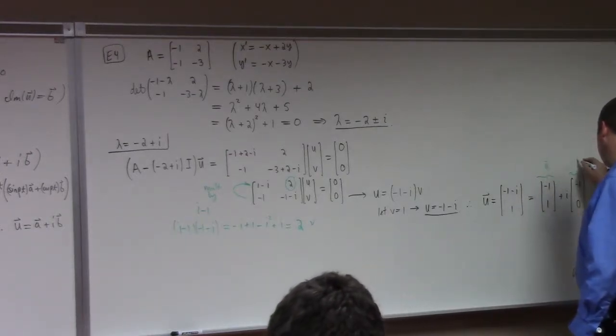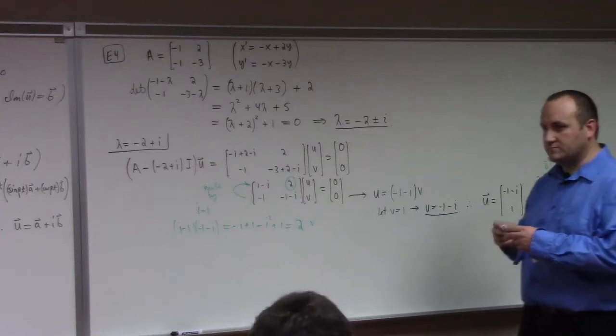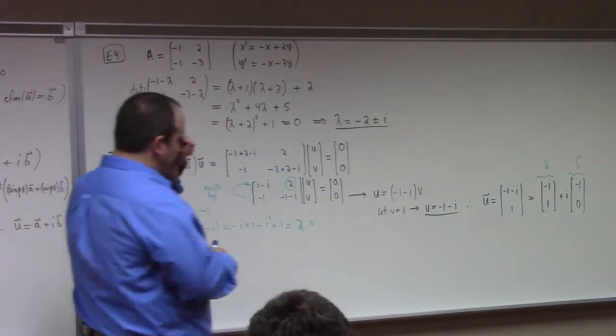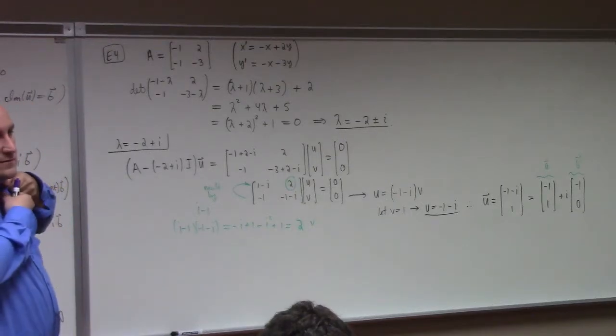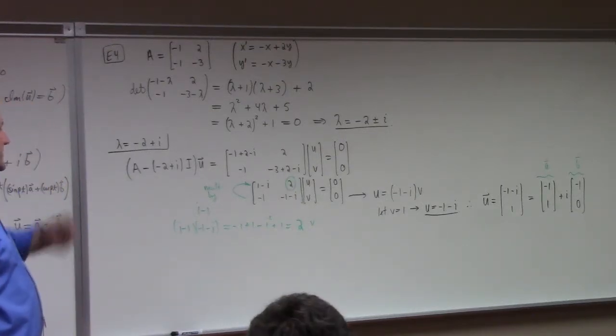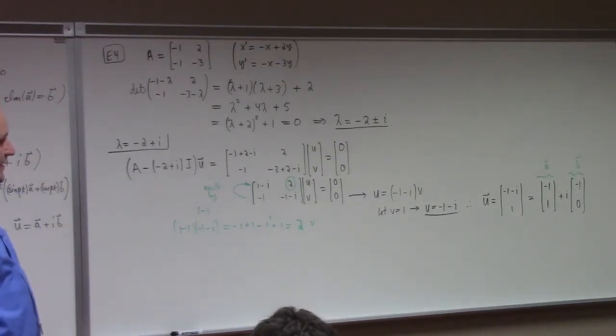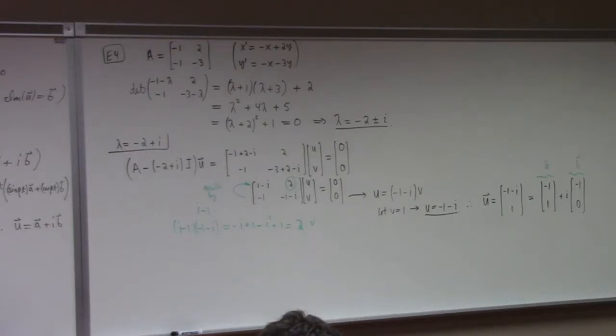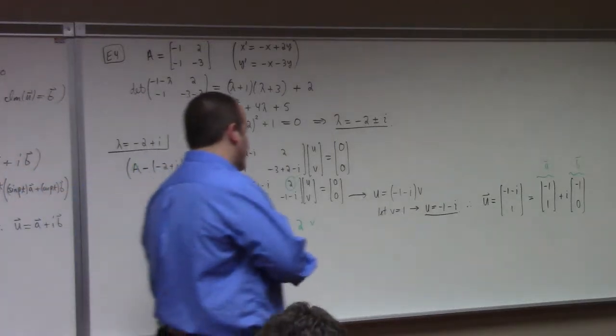The imaginary part is minus 1, 0. This is a second order system, so we have a complex eigenvector, which means we have 2 real solutions, which by the theorem I erased means we're done. We just need to write down the answer, right?